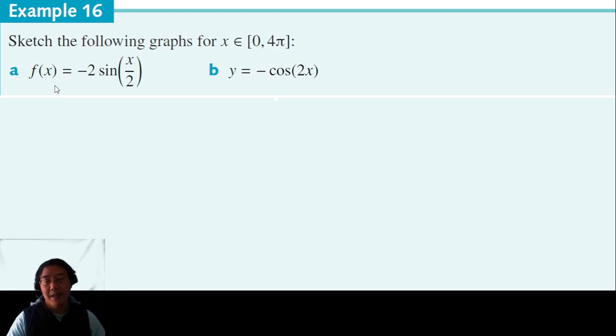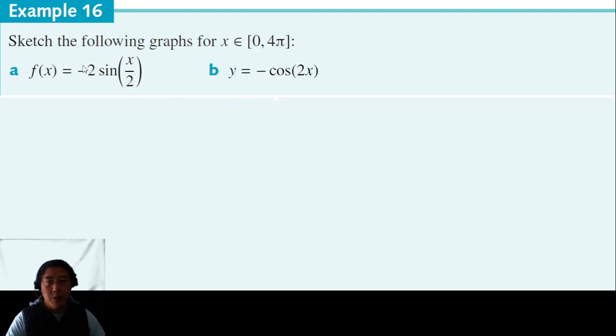All right, last example. You have an interval, a domain from 0 to 4 pi. You have two functions that you need to sketch on your Cartesian plane. Just remember that what you need to do is the same process, two steps, the amplitude and the period. Okay, so for the first one, the period is 2, here the period is 1.